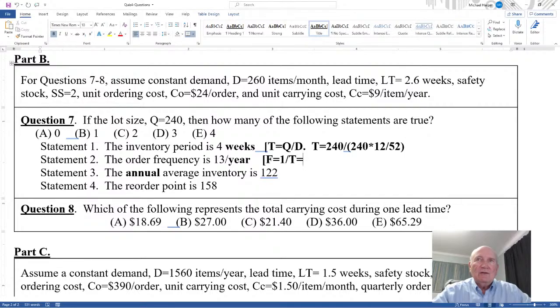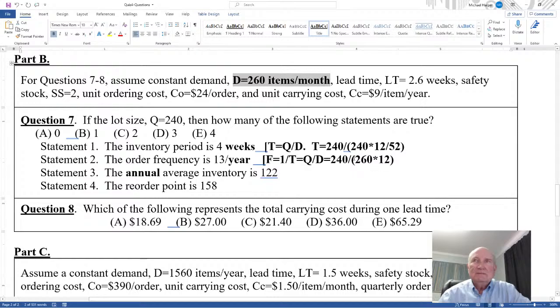I could do Q over D. Maybe that's an easier way to do it, less confusing. So 240 divided by my demand in years. Well, that's 240 times 12, because my demand up here is in months, so times 12 is the annual demand in years.